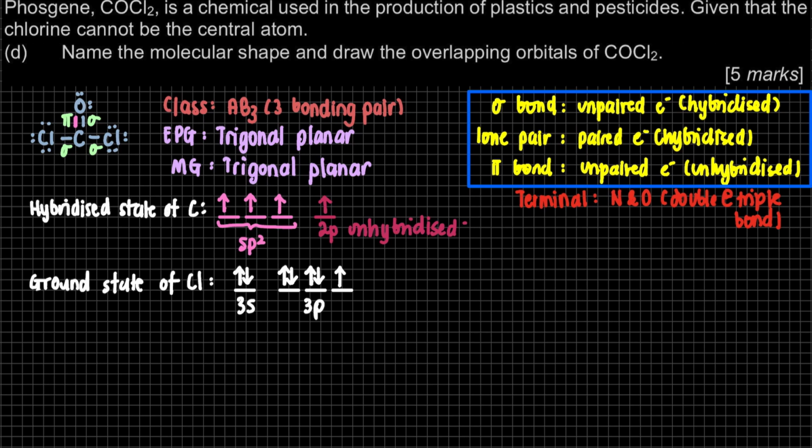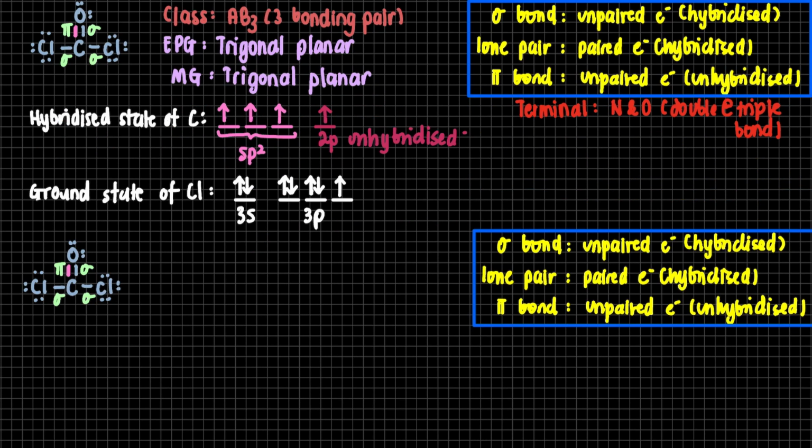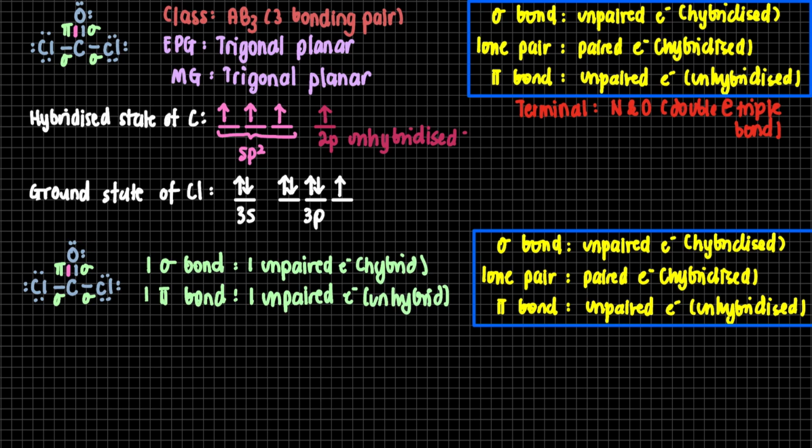Again, how do we determine the hybridization for oxygen? In the case of oxygen, we can see that it has 1 sigma bond, 1 pi bond, as well as 2 lone pairs. So it is the same case as carbon previously. If we have 1 sigma bond, it means that we have 1 unpaired electron for the hybridized.